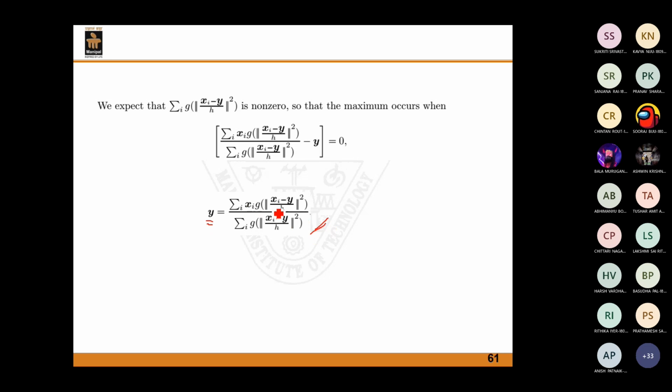Again, in the derived expression, the change that we see over here is that in the weights that you are calculating, you also have it normalized with respect to the radius of the circular region of interest. Okay, other than that, it's the same. So here this y represents the location of the maxima which is present in the particular PDF, or the probability density function.